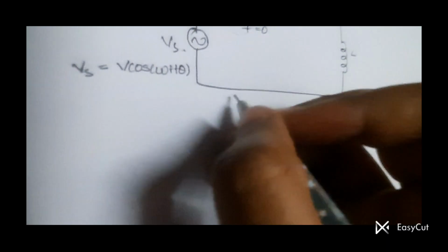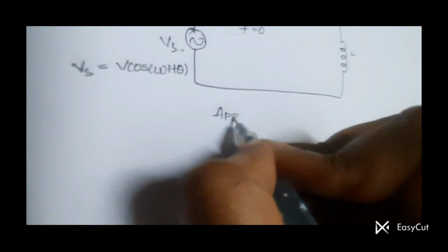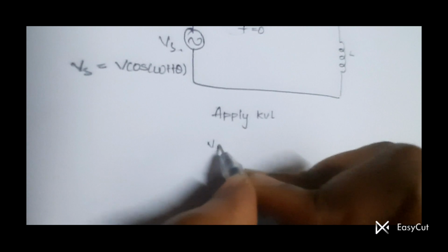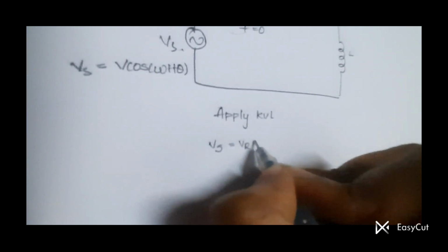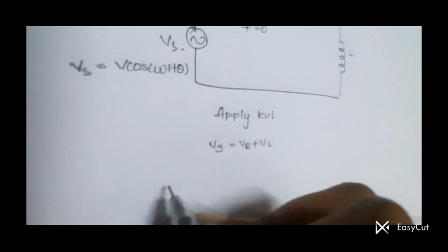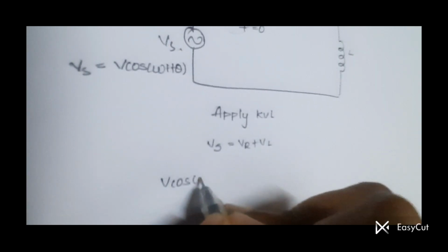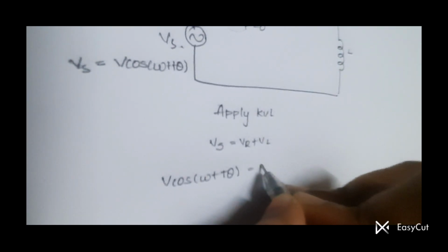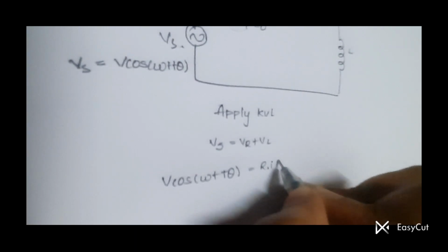For this circuit, we apply KVL. That is, sum of voltage sources equals sum of voltage drops. Here Vs is given by V cos of omega t plus theta and Vr is nothing but R into i of t.